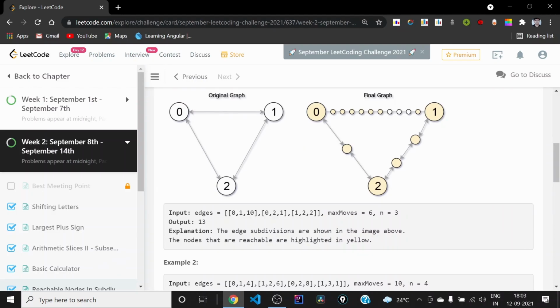So in this example, there are 3 nodes, and we are dividing the edge between 0 and 1. So this is the edge between 0 and 1. So this will be divided into 10.